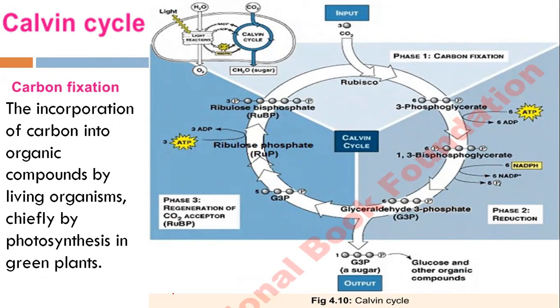First of all, we will see carbon fixation. That is the incorporation of carbon dioxide into organic compounds by living organisms, chiefly by photosynthesis in green plants. So this whole part is carbon fixation.